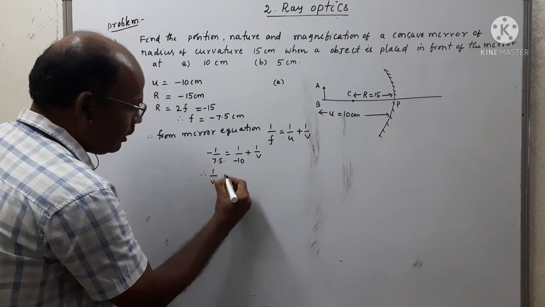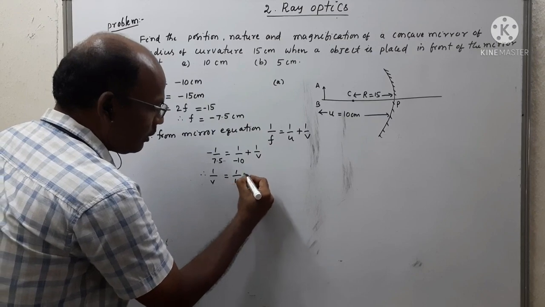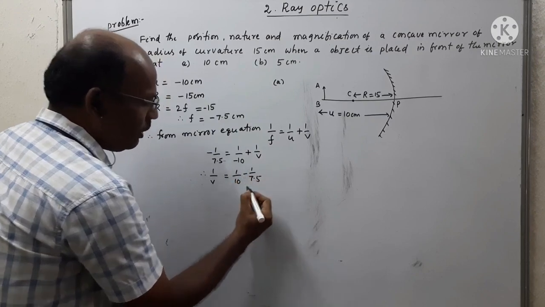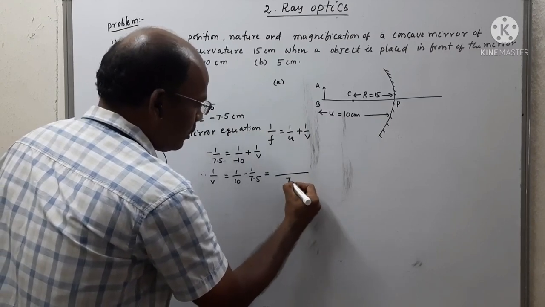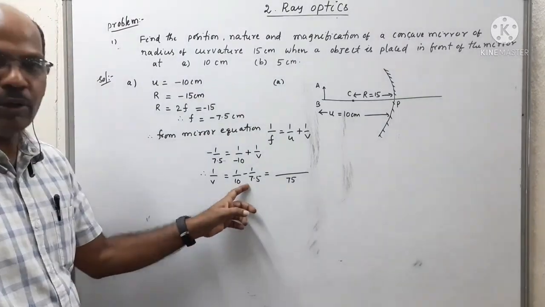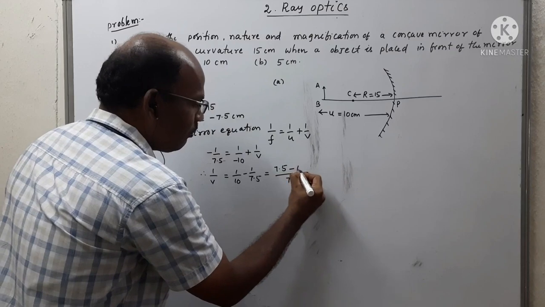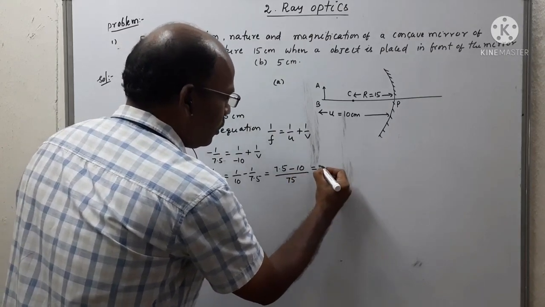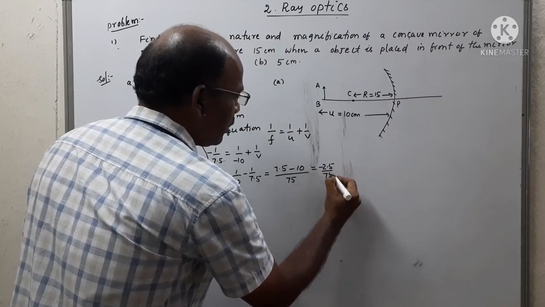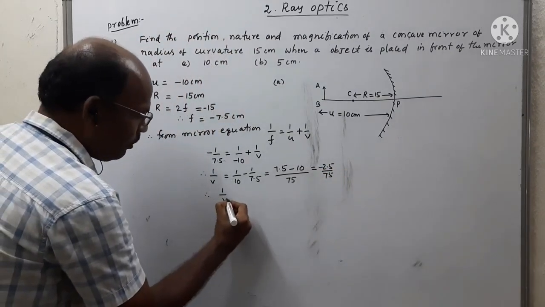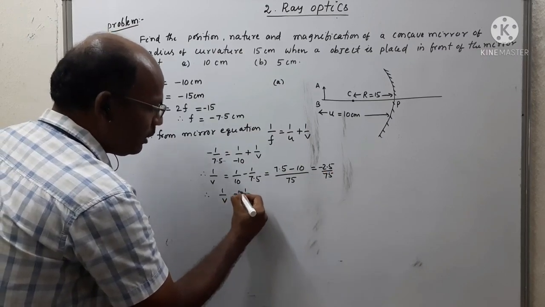Therefore, 1 by v is equal to, so minus 10 becomes positive, so 1 by 10 minus 1 by 7.5. So take LCM. So this is 75, 10 into 7.5, 75. So this becomes 7.5 minus 10, that is equal to minus 2.5 by 75. Therefore, 1 by v is equal to minus 1 by 30.